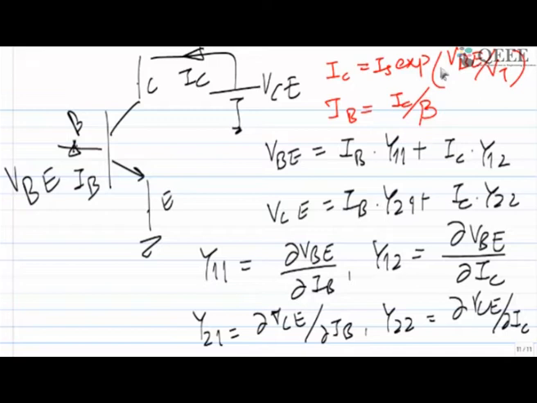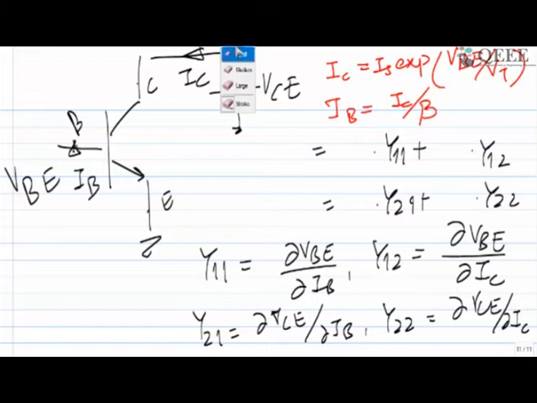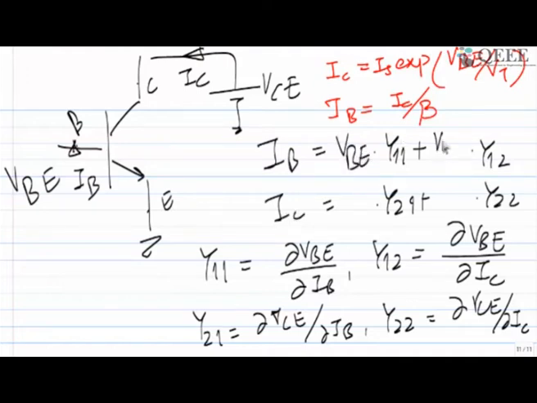I wrote Y parameter, Z parameter by mistake. It has to be IB this side, IC this side, and VB, VC. Sorry. So all will be 1 by.